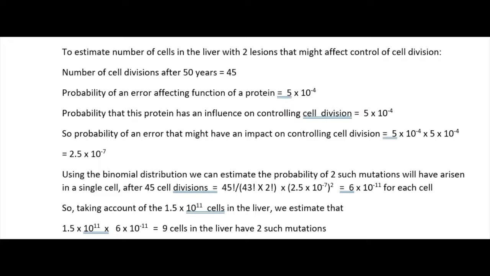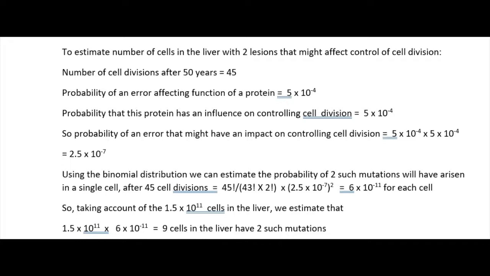Remember that in the liver, we reckon that on average a cell will have undergone maybe 45 divisions after 50 years. And that every time a replication happens, the probability of an error arising which affects the function of a protein, we estimated to be 5 times 10 to the minus 4.